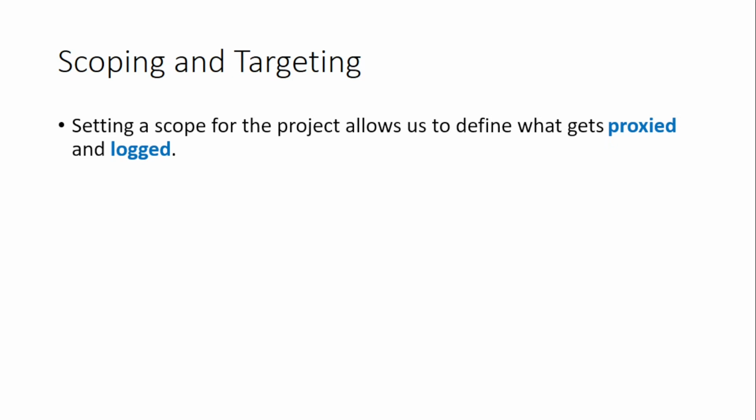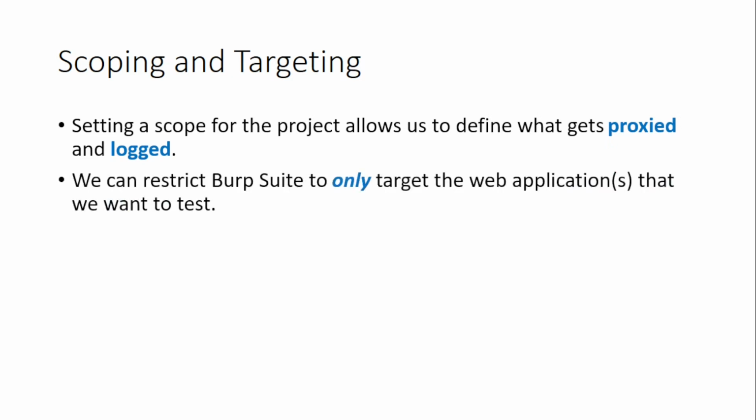Instead of having everything captured and logged, including traffic to sites we aren't targeting, which muddies the logs we may later wish to send to clients. So in short, allowing Burp to capture everything can quickly become a massive pain. So the solution is scoping. How we do it is by restricting Burp Suite to only target the web application that we want to test.